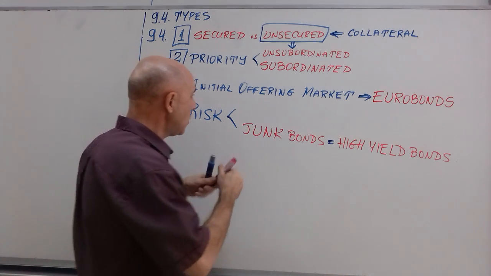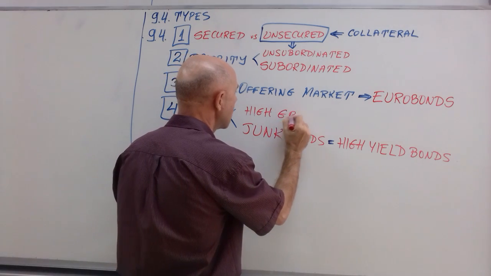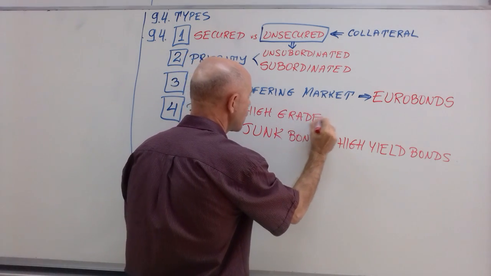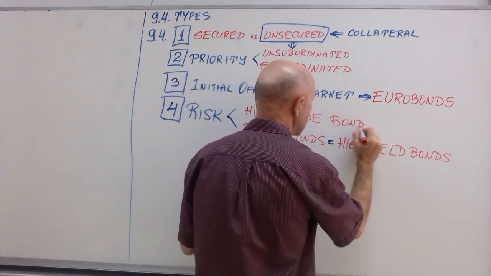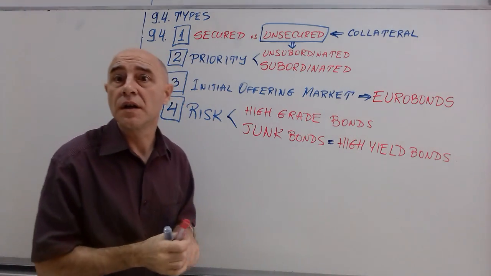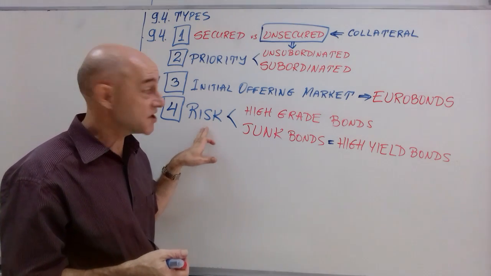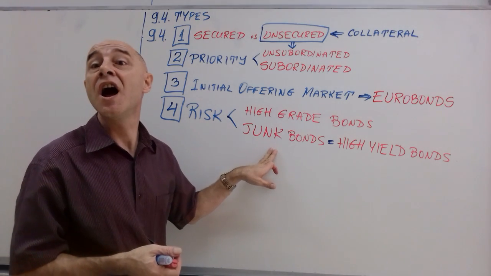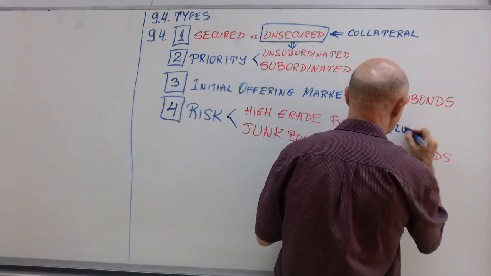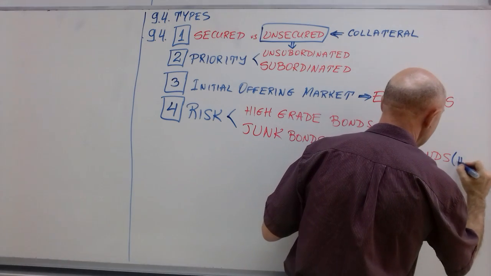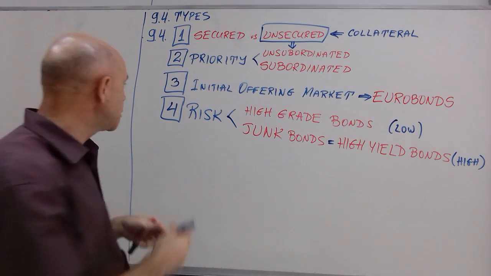And these are called high grade bonds. Repeating, high grade means low risk, junk bonds mean high risk. So, risk. Low, high.